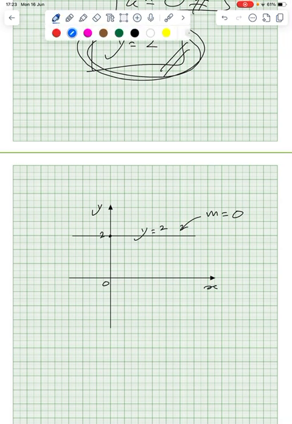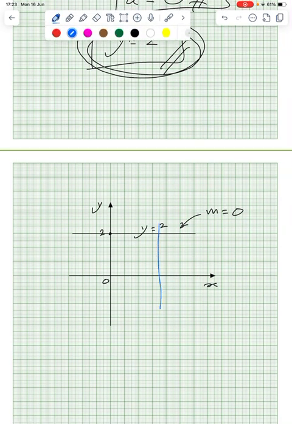But if it's a vertical line, imagine this is a straight line here, and let's say this is positive 1. So this blue line will be x = 1, where your gradient is undefined. Undefined means infinity.